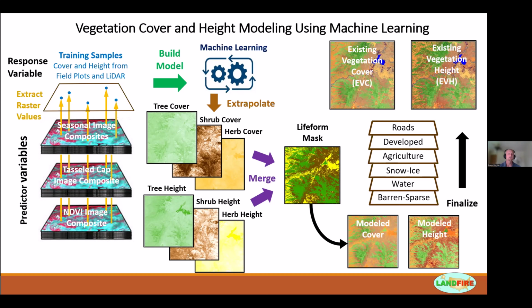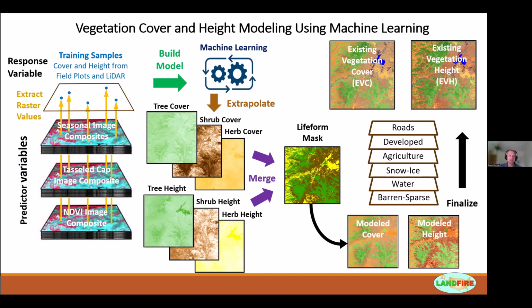So if a source says roads, then that trumps everything else, and likewise going down that list. These each come from different sources, or we create them ourselves. We spend a lot of time getting a really good water map that is put in here in this step, and we spend a lot of time getting a really good barren sparse mask, and that's a separate process.